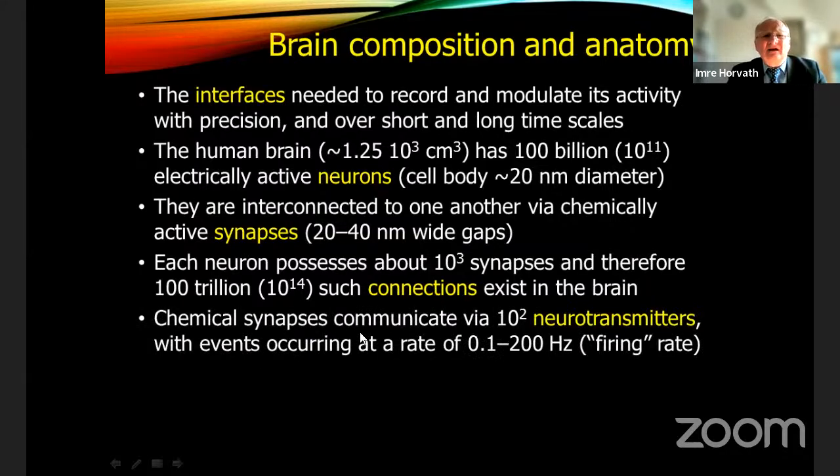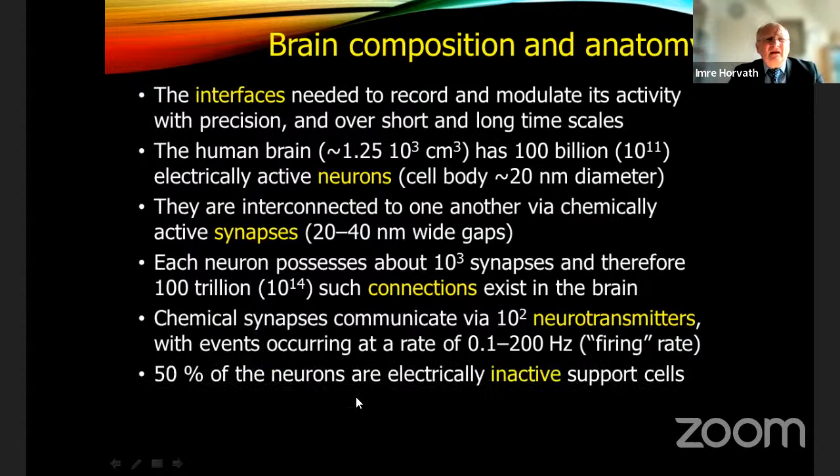The chemical synapses communicate via 100 neurotransmitters with events occurring at a rate of 0.1 to 200 Hertz. This is the so-called firing rate. 50% of the neurons are electrically inactive support cells. So we can say that this 10 to the 14 can be reduced actually to 10 to the 7, which are working.